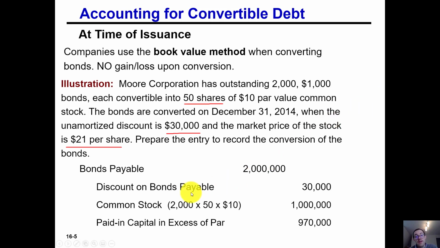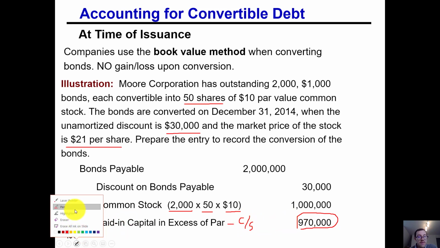Your equity goes up. You're going to credit common stock for, remember you had 2,000 of those bonds. Each one of them can be traded for 50 shares, and each share is a par value of $10. And the remainder, of course, is your paid-in capital in excess of par, common stock. And you just sort of back solve for that last one.